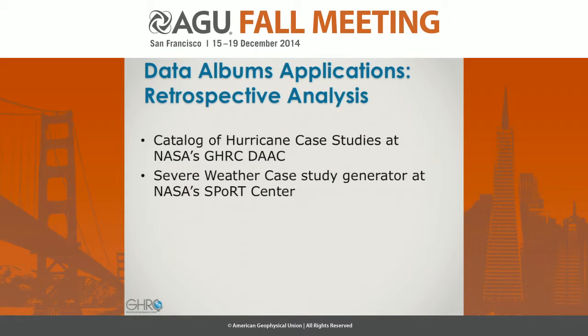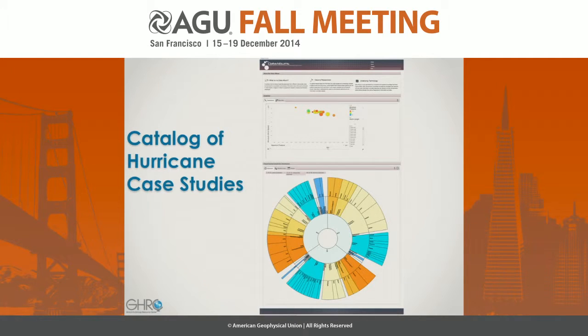So the two examples I want to show you are for the data albums application. First one is a catalog of hurricane case studies at GHRC DAAC. The other one that we are working on is for a severe weather case study for the NASA Marshall Sports Center. So this is a snapshot of the web page for the hurricane case study.